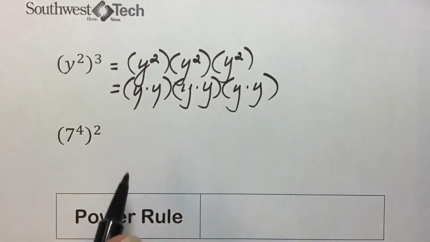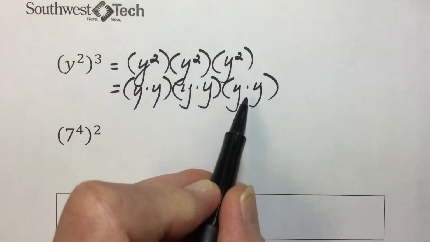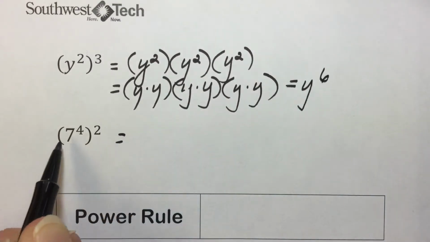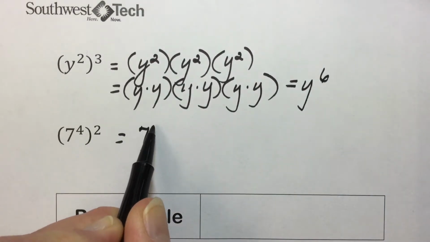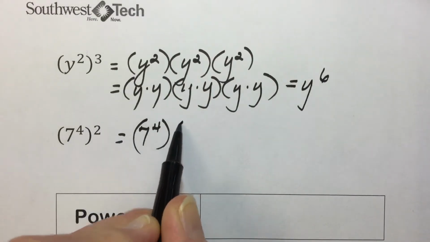And what we have is the same base multiplied together, which can be simplified into exponential form of y to the 6th power.